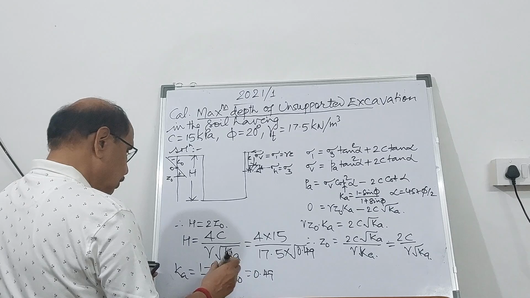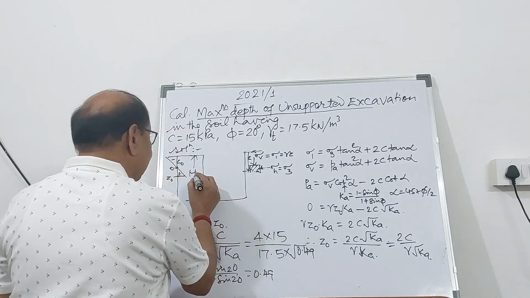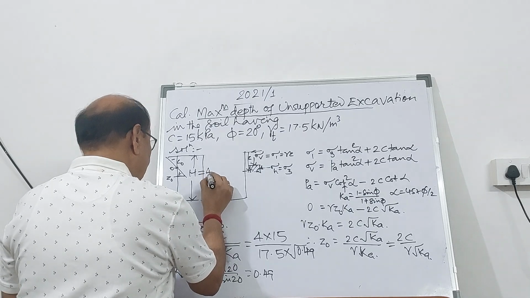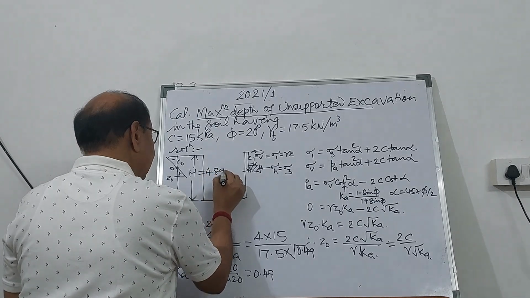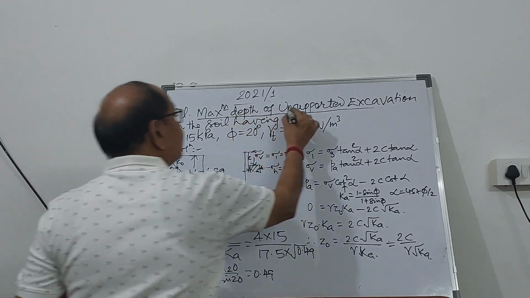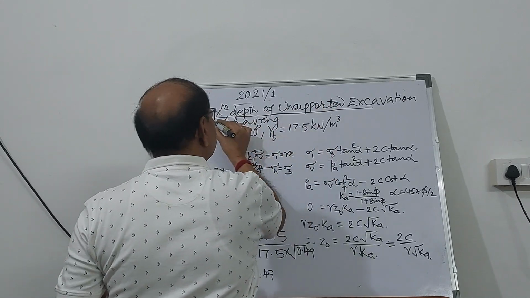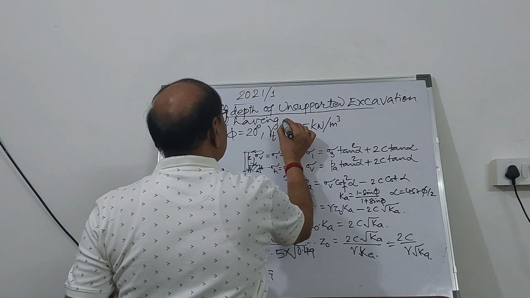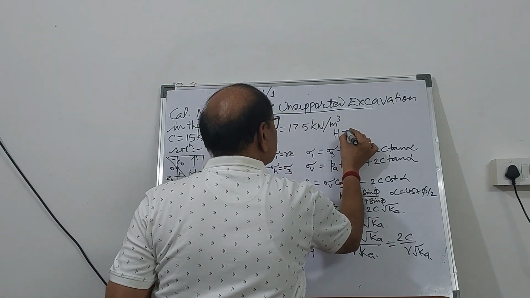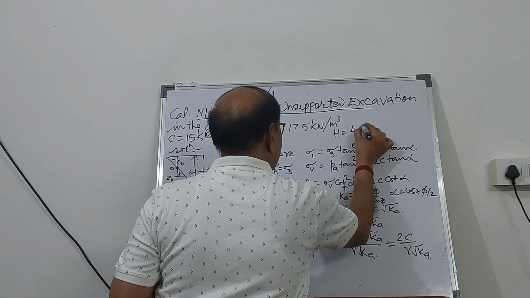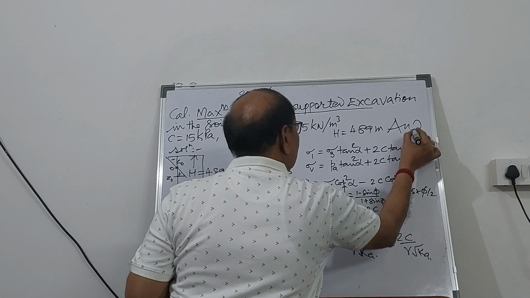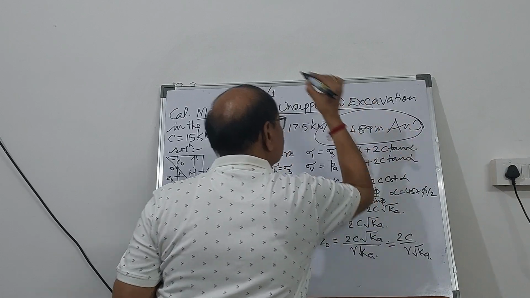It comes to 4.897. So the critical height H equals 4.89 meter. So the maximum depth of unsupported excavation in the soil will be H equal to 4.89 meter, and this is the answer of this problem.